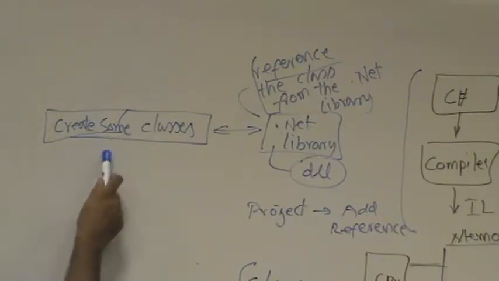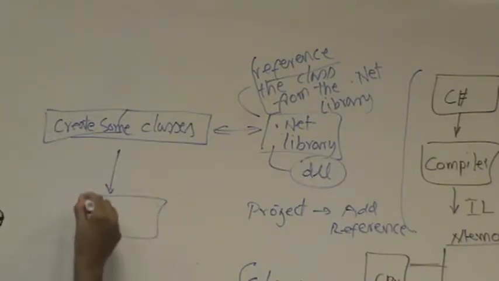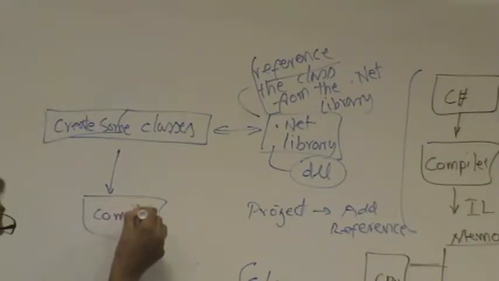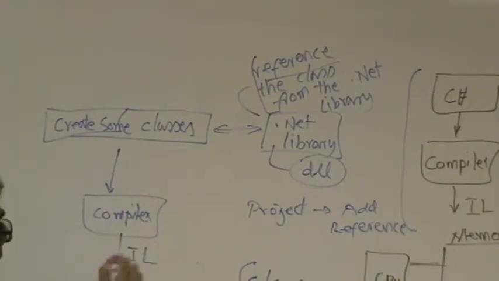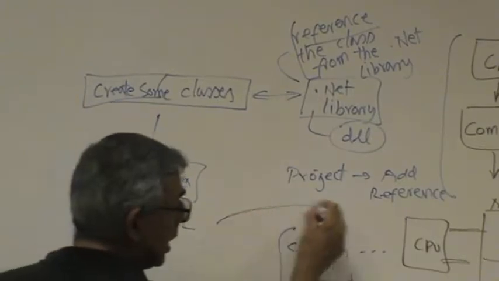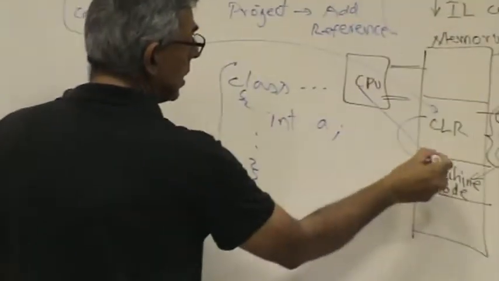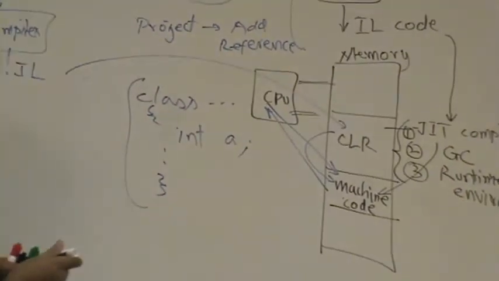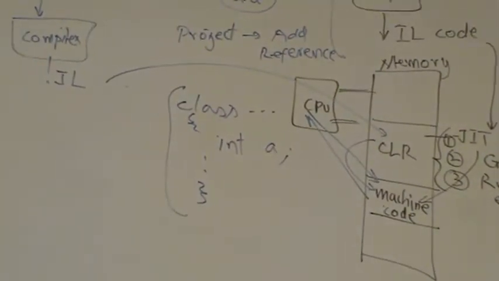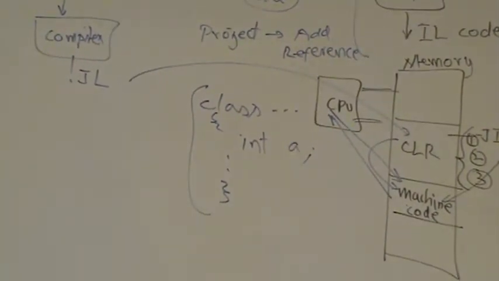So anyway, we pick some classes from the .NET library, create some classes of ourselves, then we pass it through a compiler. And just like we discussed, this will create IL code, and then the CLR will read it, convert it to the machine code, and then the CPU directly executes the machine code, right? So that's the execution environment under .NET.